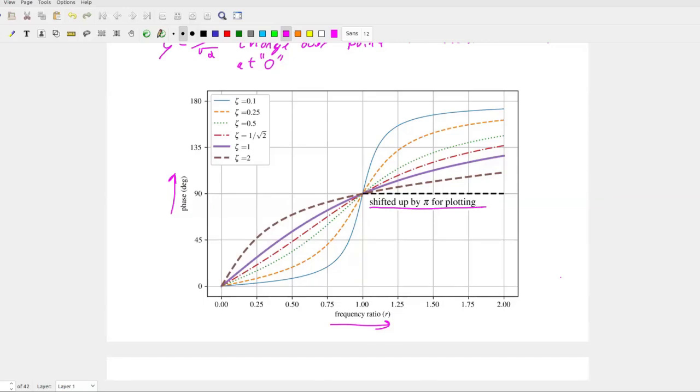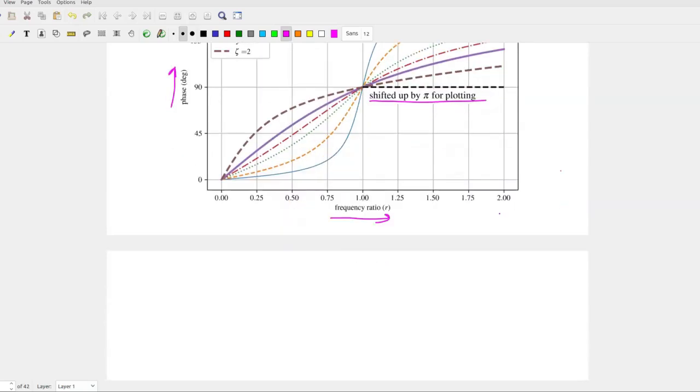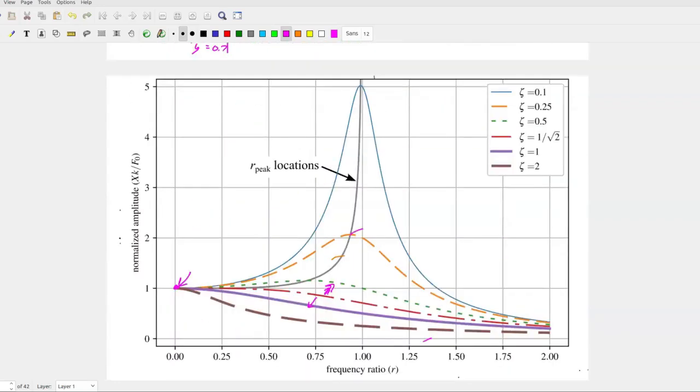Okay, so let's think a little bit about where your maximum peak is going to be for all of these systems, right? We drew that line in your amplitude, but how do you know that the peak is here, right?